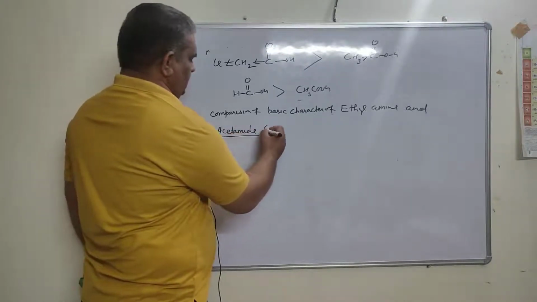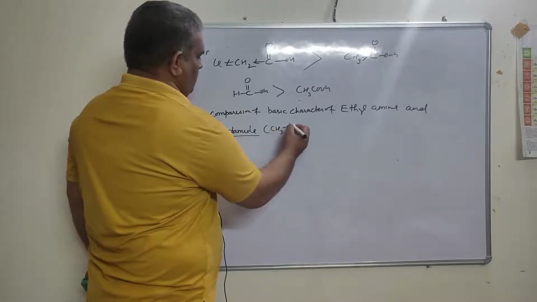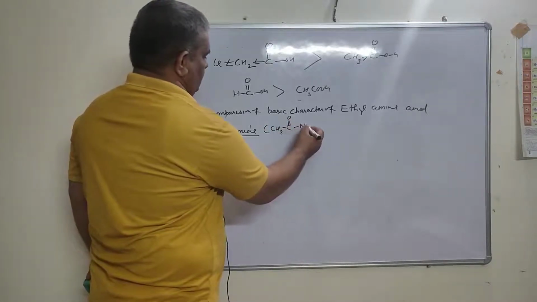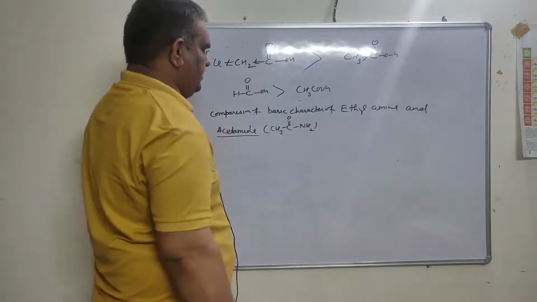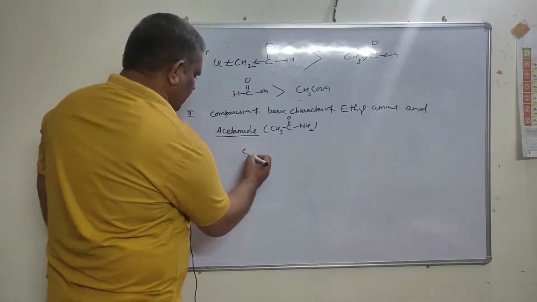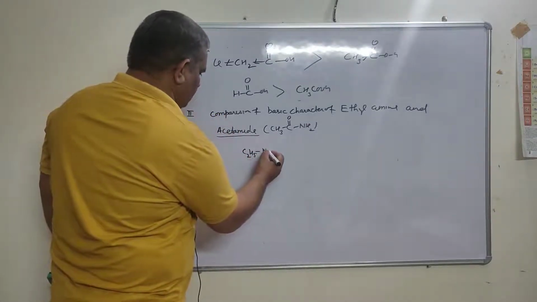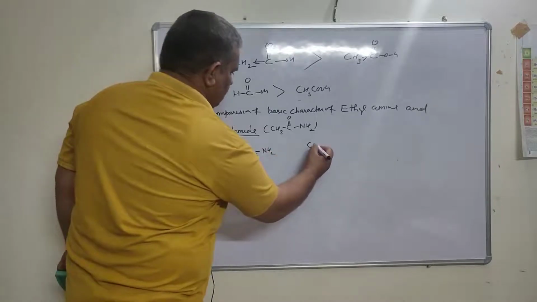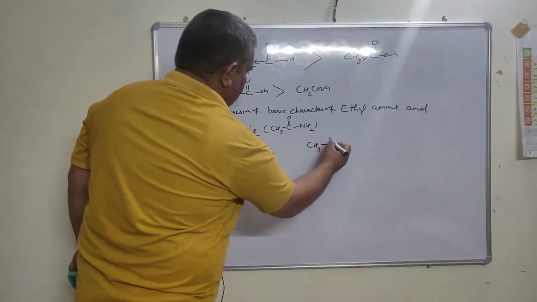CH3CONH2, this is the acetamide. This is the ethylamine, C2H5NH2, and this is acetamide.